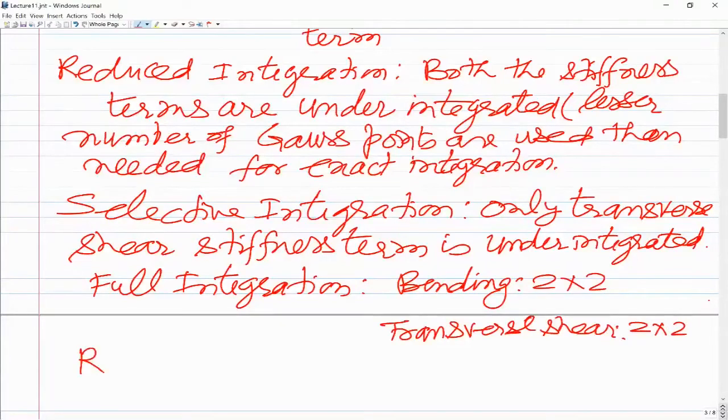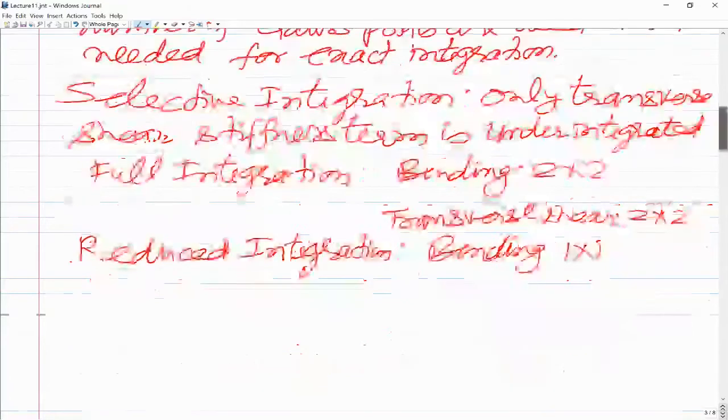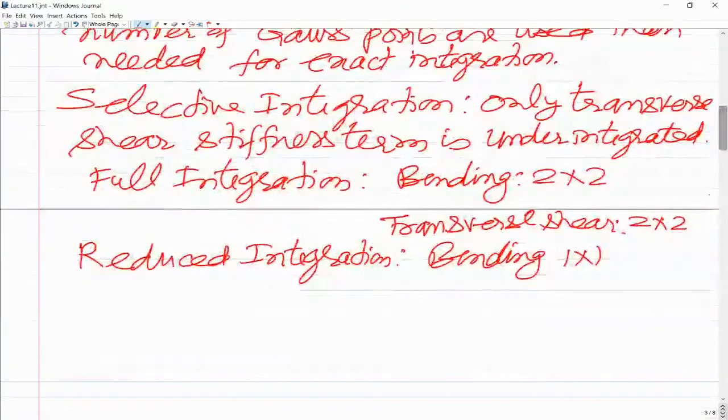Now in the reduced integration, both the terms are evaluated using a lesser number of Gauss points. So the bending term is evaluated using one by one, that is basically only 1 point, 1 point in xi direction and one in eta direction.